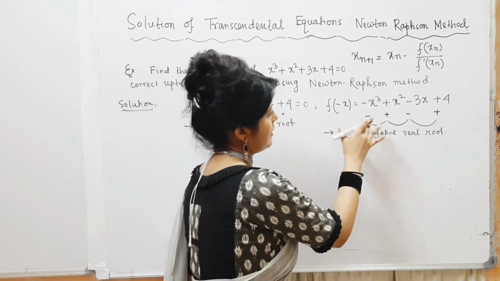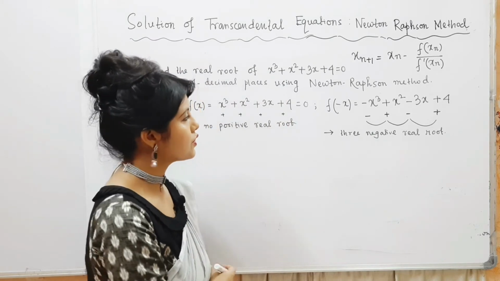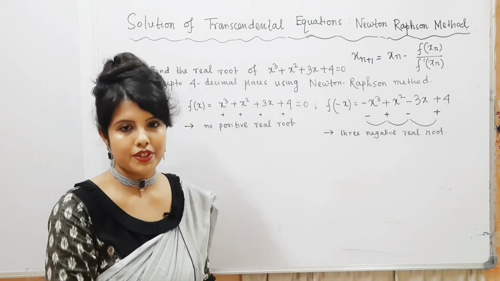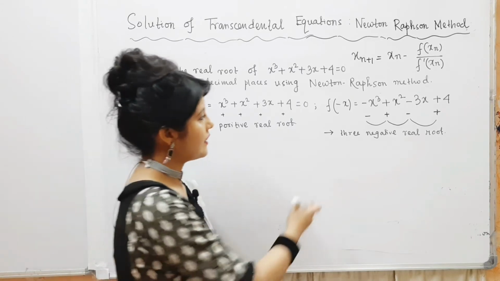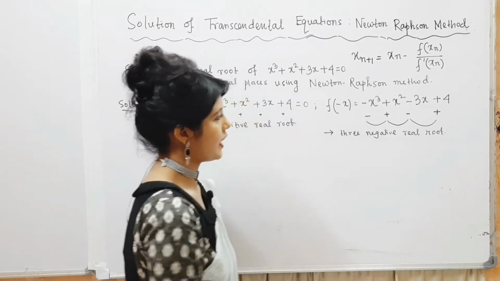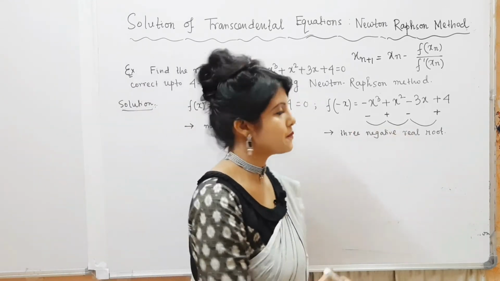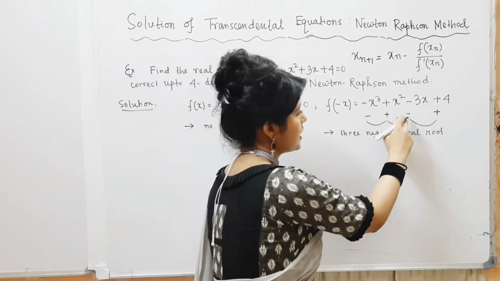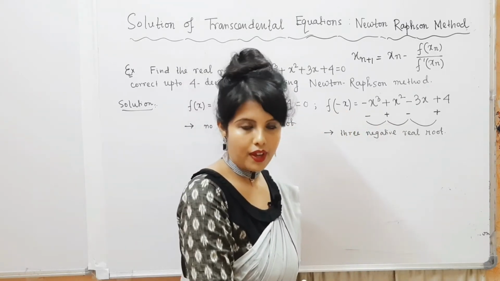This equation must have 3 roots because it is a third degree equation, and this Descartes rule of sign shows that all 3 roots are negative real roots, because there are 3 changes in sign in f of minus x.